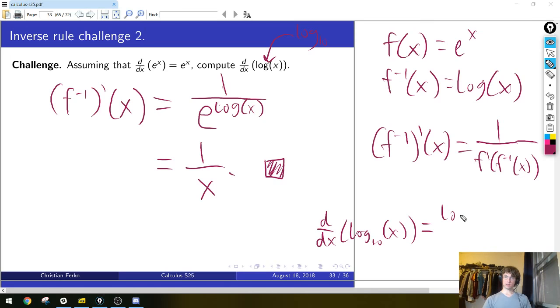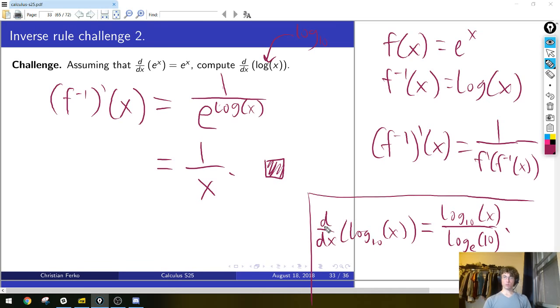It's log base 10 of x over log base e of 10. So this formula looks really ugly. Why should the derivative of the log function be the same function divided by this weird looking constant, which happens to involve e?